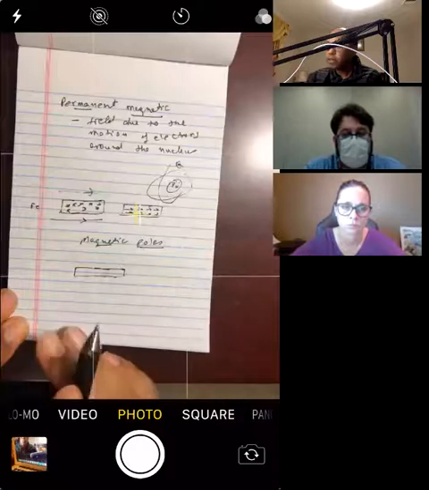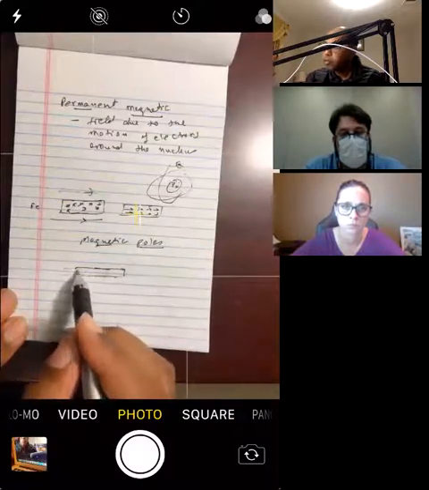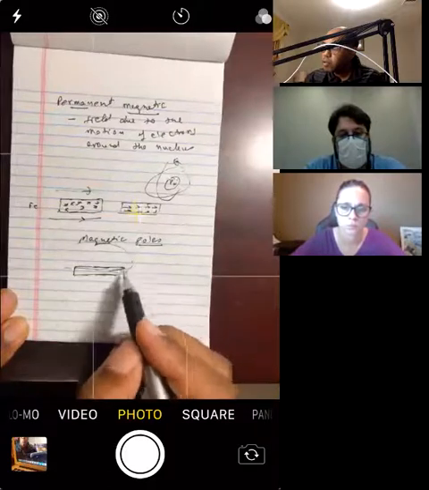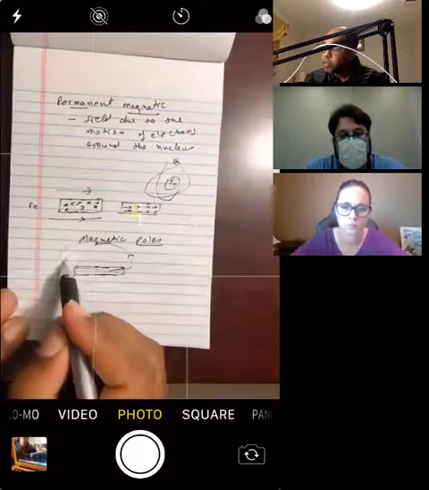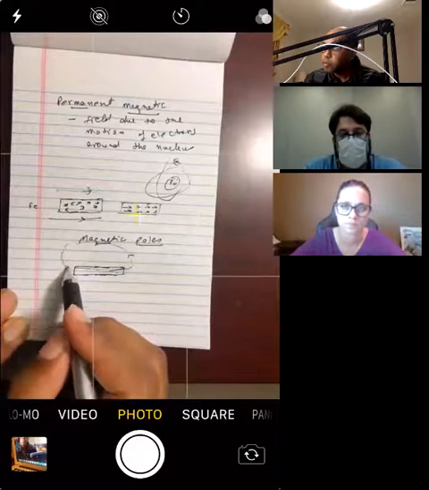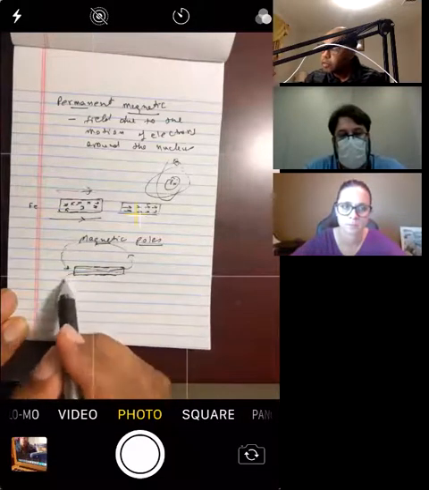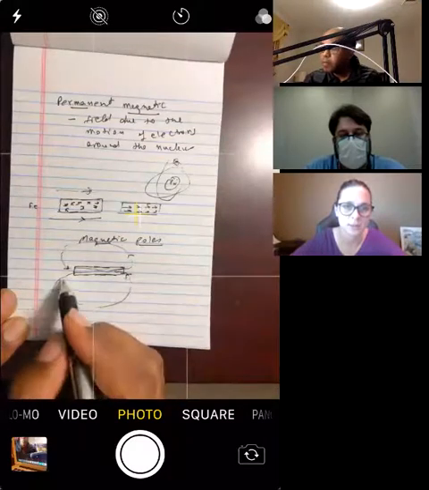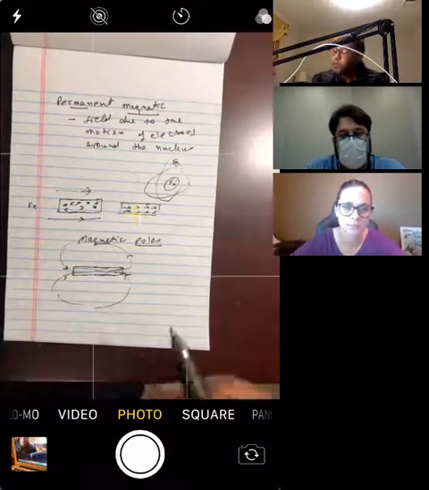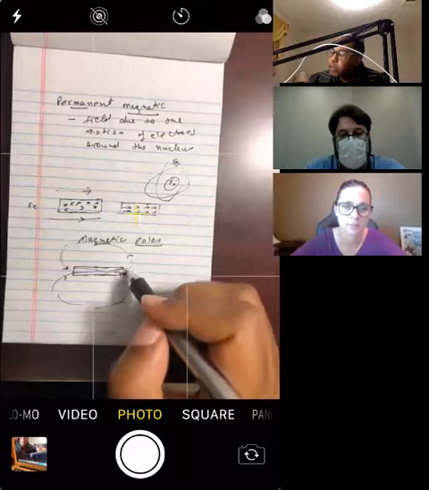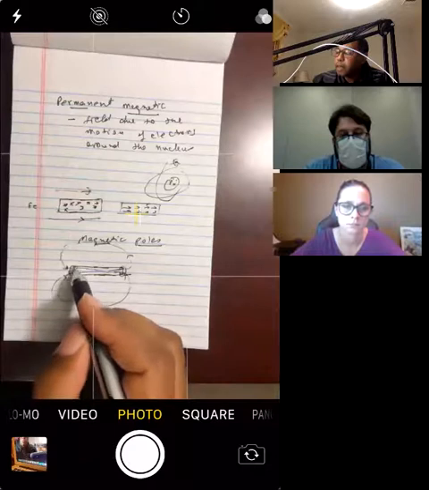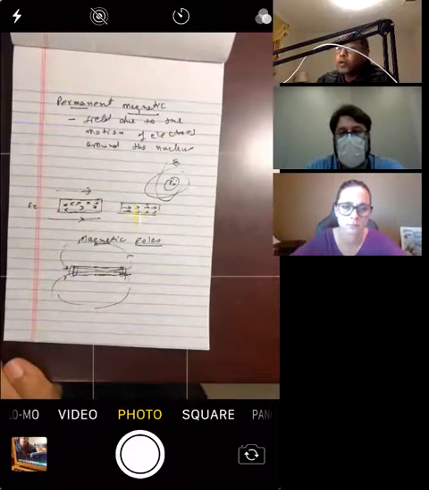As you see in the iron filings, the field lines will come out over here and they will come in over here, okay? So you have like this, and they'll come in over here, back over here. They form complete loops, right? And then over here like this, they come out of one end and they come into the other end, okay? So there are two locations where the magnetic field lines come out and the magnetic field lines come in, okay? These two locations are called the poles of the magnet, all right?